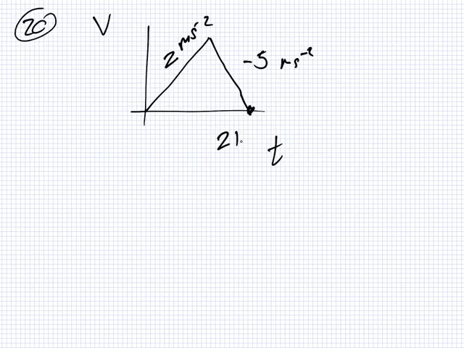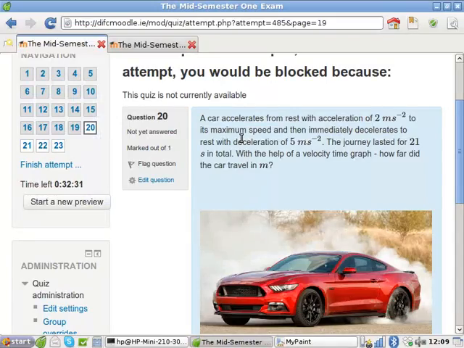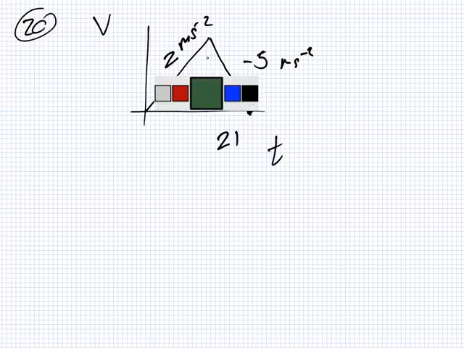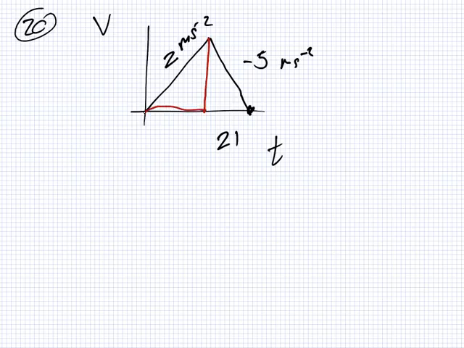Now, this one was a little bit hard. What you needed to do was to break this up into 2 shapes. This one you can call T1, and this time here you can call T2. What's T1 plus T2? 21.